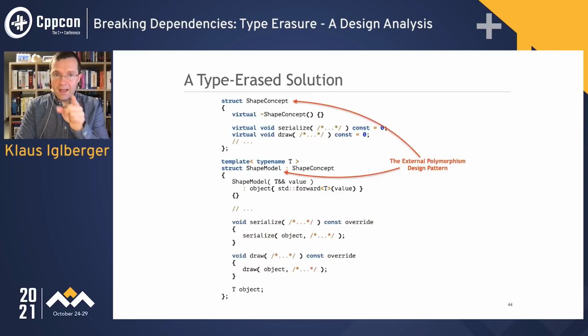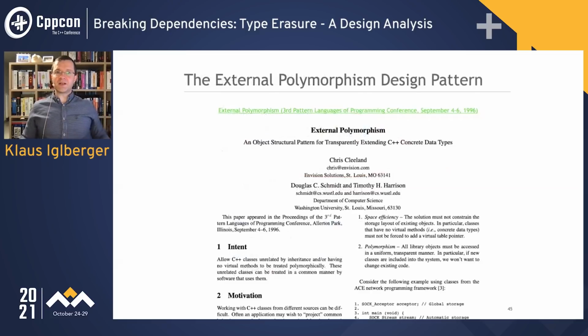All right. I said this is a very clever design pattern. This structure, this external hierarchy that allows you to basically store anything, that is called the external polymorphism design pattern. That is a design pattern that is not so well known, unfortunately, because it's not part of the Gang of Four book, but it was actually published in 1996 by Chris Cleeland, Douglas Schmidt, and Timothy Harrison.